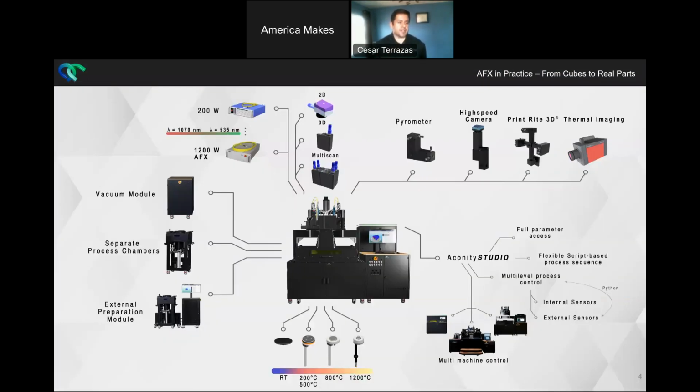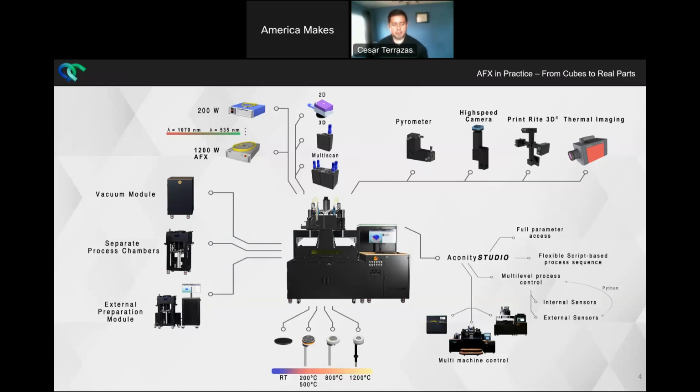So this slide captures kind of the ethos, right? The philosophy that Aconity 3D has, where our systems can be configured depending on the needs of the customer. So what you see here in the middle of the slide is one of our systems, and then around it you can see the different modules that can be attached as per the customer requirements. Right? So we have preheating capabilities that go all the way from 500 degrees C to 1200 degrees C. Right?